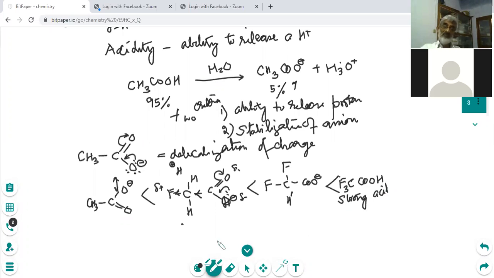Clear? So this is the effect of inductive effect, how it is affecting the acidity of organic compounds. Right? So these are basically the different effects. Now there is one more effect known as steric effect.